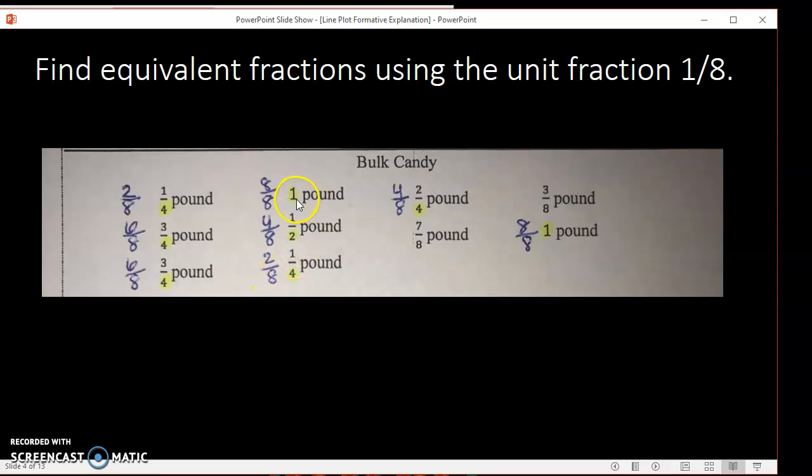We talked today about how 1 is 8/8, and there's 2 of those. There's another one over here. And then 1/2 and 2/4 are equivalent fractions, and both, expressed as eighths, are 4/8. Now we don't need to do anything with 7/8 and 3/8 because those are already in the unit fraction. So there are all the equivalent fractions we have in terms of eighths.